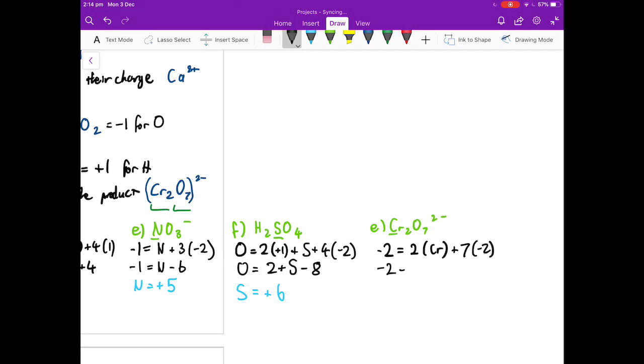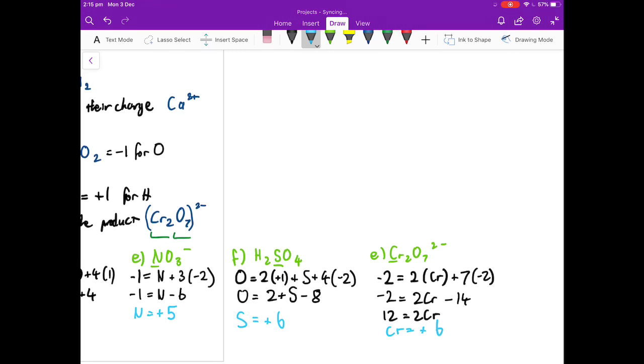So we're dealing with -2 equals 2Cr - 14. So -2 and 14 gives us 12 equals 2Cr. And finally, our oxidation number for Cr equals +6.